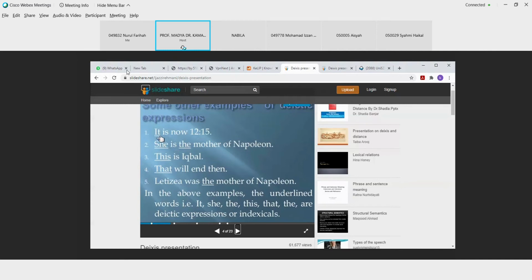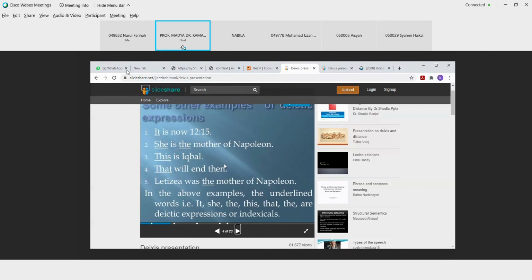The word it refers to 12:15. For example, this is Iqbal, so this refers to Iqbal. That's something. When we look at here, that means something which is outside. So this is another context that we need to learn.